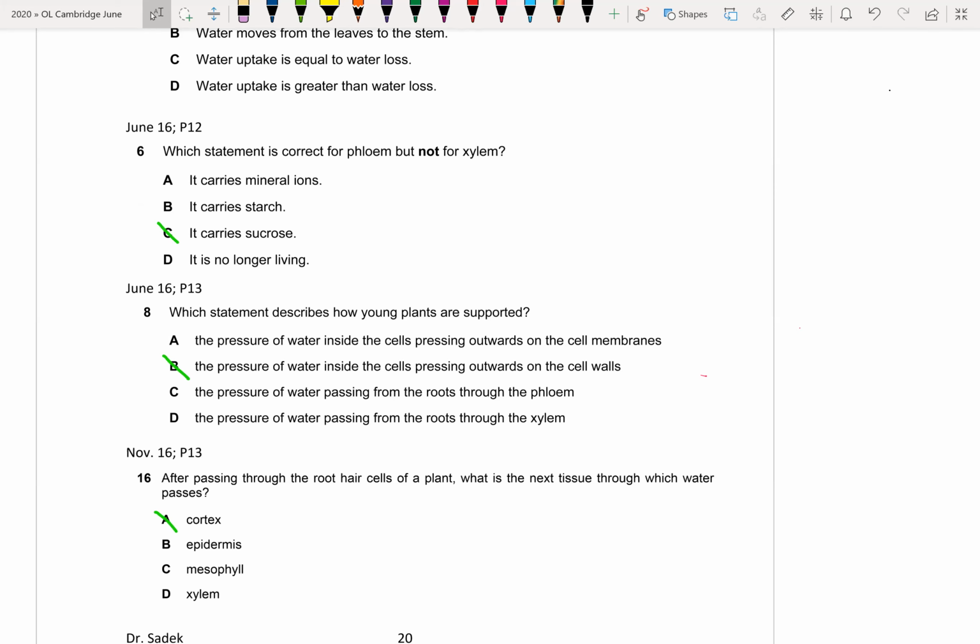acids. Which statement describes how young plants are supported?